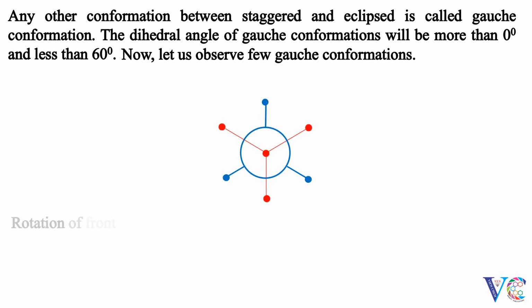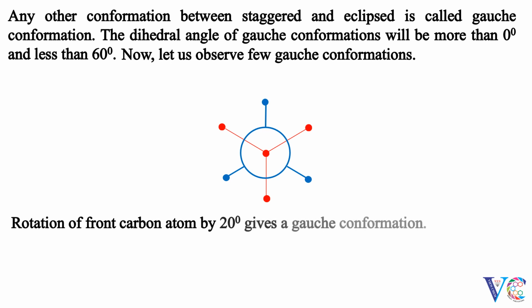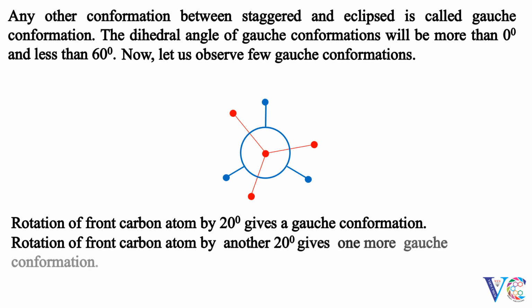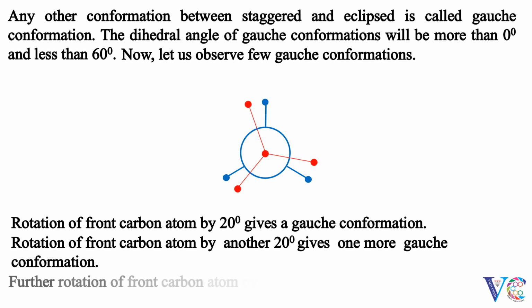Rotation of front carbon atom by 20 degrees gives a Gauche conformation. Rotation of front carbon atom by another 20 degrees gives one more Gauche conformation. Further rotation of front carbon atom by another 20 degrees gives eclipse conformation.